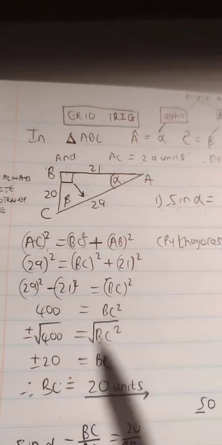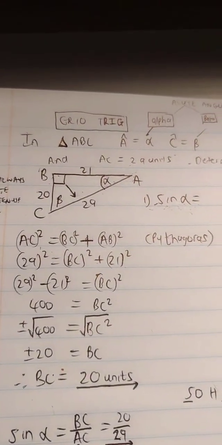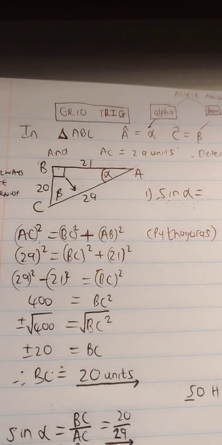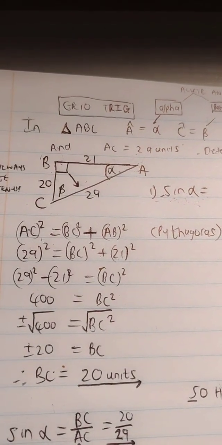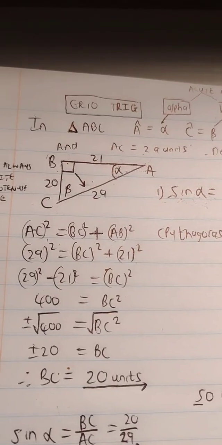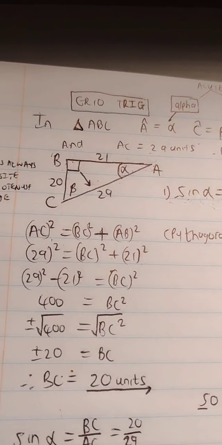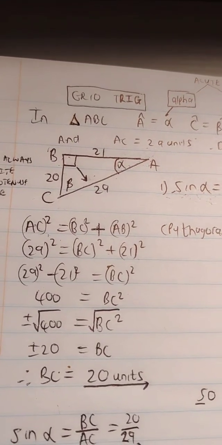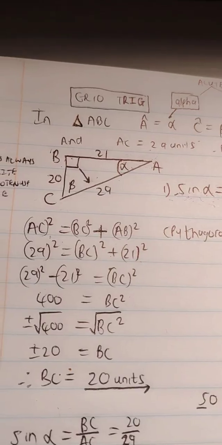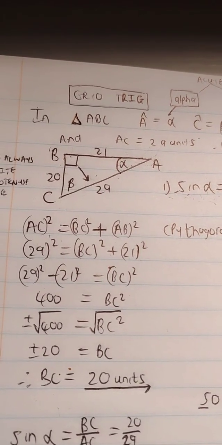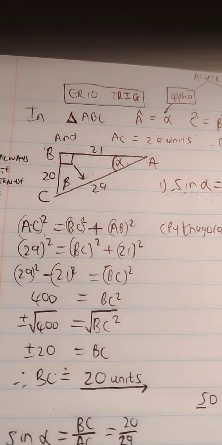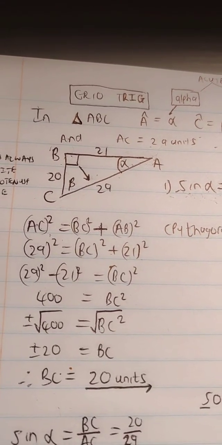Very good. Which one is the hypotenuse side? Exactly, the hypotenuse side is AC, which is 29.